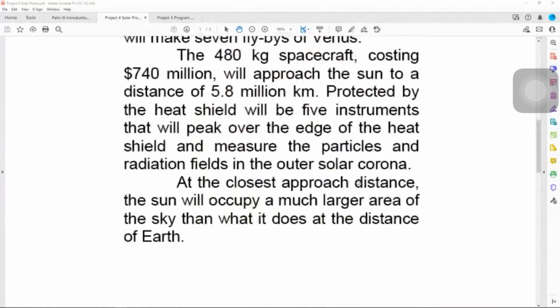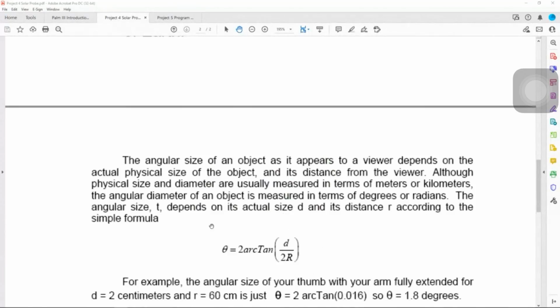You see here that you are given an expression that shows the angular diameter depends on two things: the size of the object and the distance between you, the observer, and the object that you're trying to experiment on. Here, the numerator is the actual size of the object. So don't think that D means distance. Whoever wrote this problem obviously made that choice.